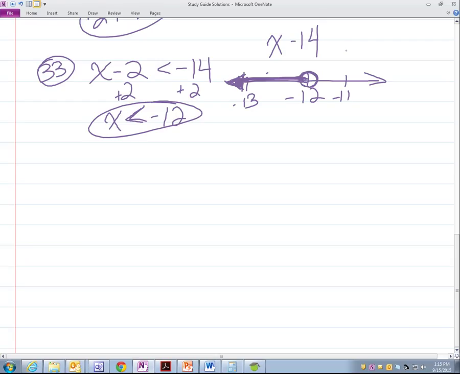In this situation, it is. What situation would it be? Here's a hypothetical. Guys, here's a hypothetical. So we have x minus 2 is less than 14. Then it would look like this.